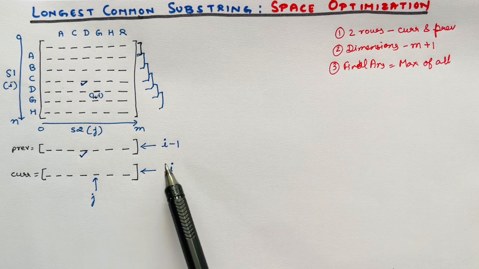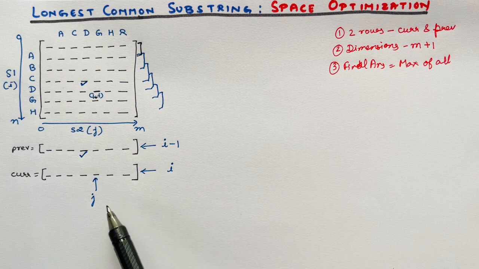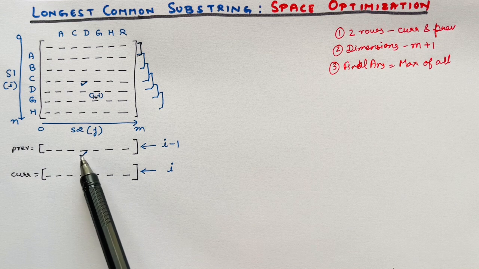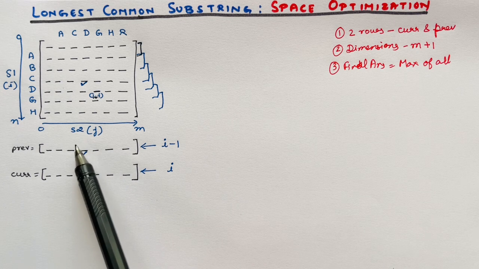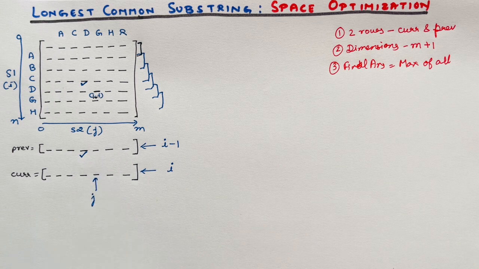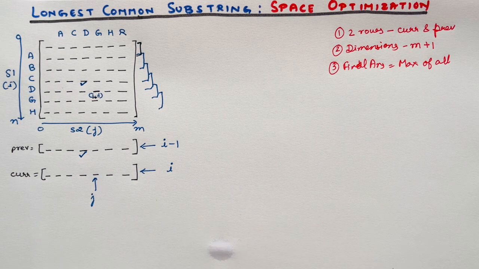Now I minus 1 characters of S1, that means the answer will lie in the previous row, and j minus 1 characters of S2, that means the answer will lie exactly here. So to fill the value at j, if the last characters are equal in the string, we will simply add 1 to this answer and fill it here. And if the last characters were not equal, then we can simply fill 0 here. That means we now know how to fill the value at any I comma j.